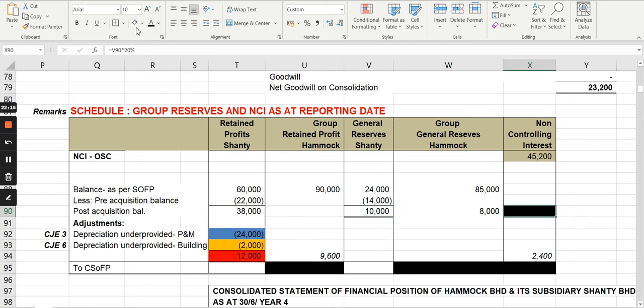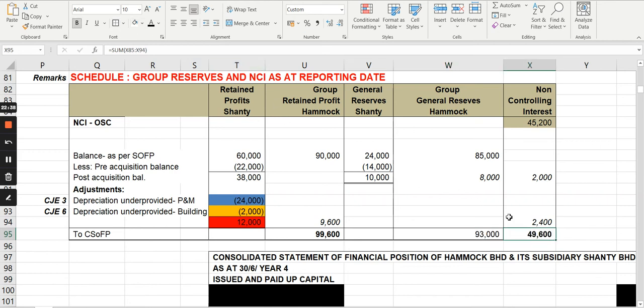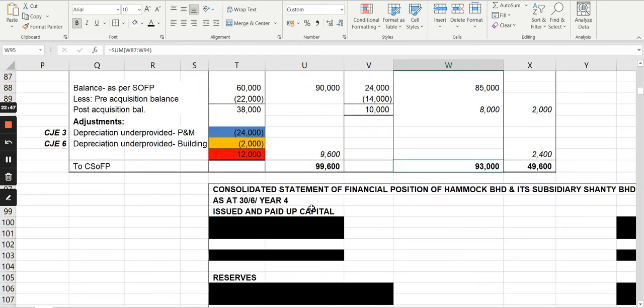The share of the parent, and the share of the non-controlling interest is 2,000 if you take 20% of it. So now you have the total for your group retained profit, group general reserve, and the non-controlling interest. And that figure will now be shown in the consolidated statement of financial position.